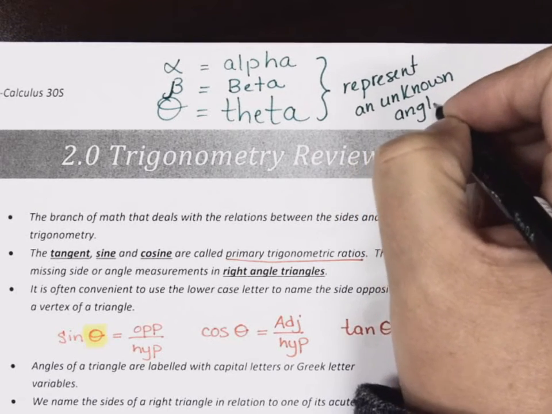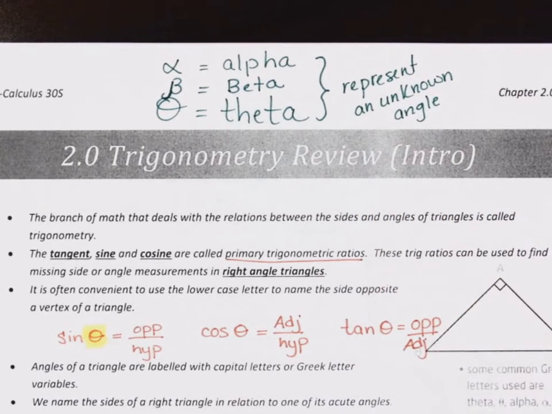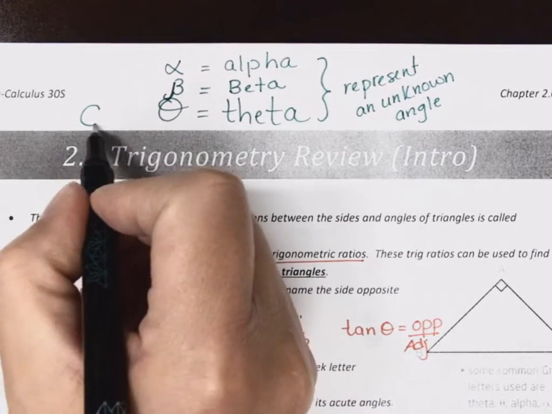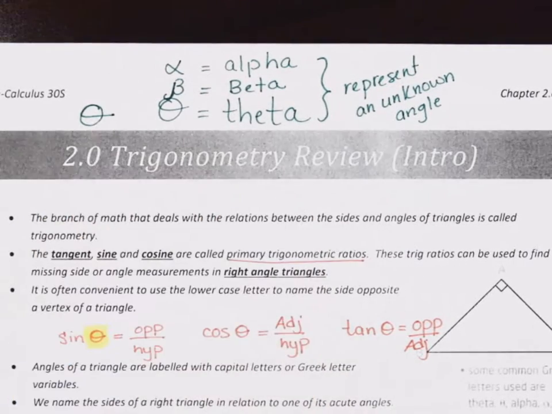I know sometimes when I'm pronouncing theta, you don't get the TH in there. But literally, it's just a circle, and then I loop through. That's how I make a theta. Alpha is kind of like a fish, and beta is a capital B with a little curly Q. So those are the ones. It doesn't mean you can't use an X or a Y to represent. It's a variable. So there's nothing special about them, but these are usually the Greek letters that we use.